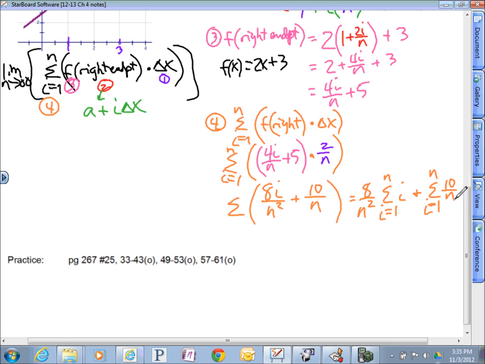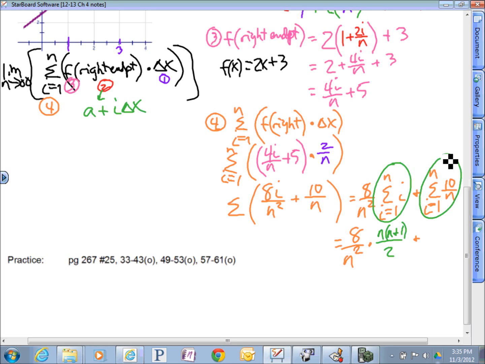So if I wanted to clean this up, I've got 8 over n squared times, what's the shortcut for this little beauty? I think it's n times n plus 1 divided by 2. Plus, what's the shortcut for this one?